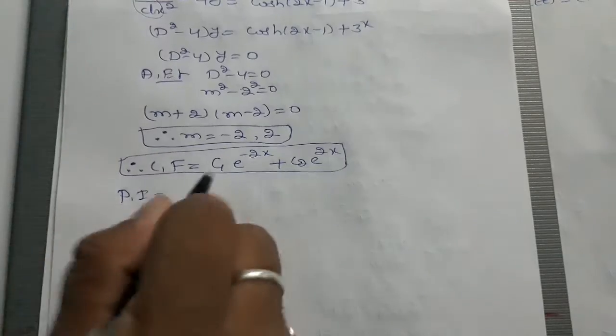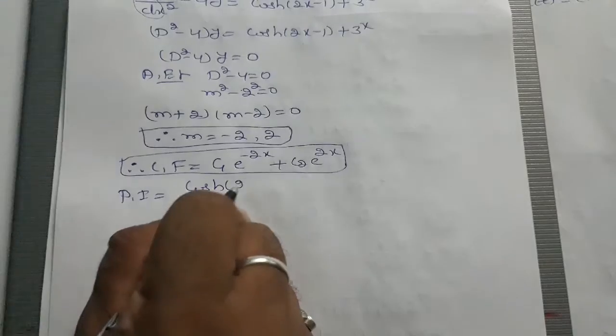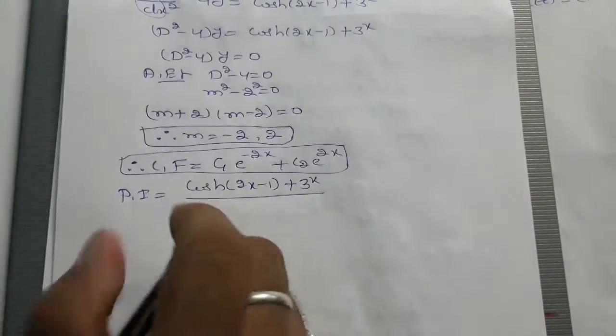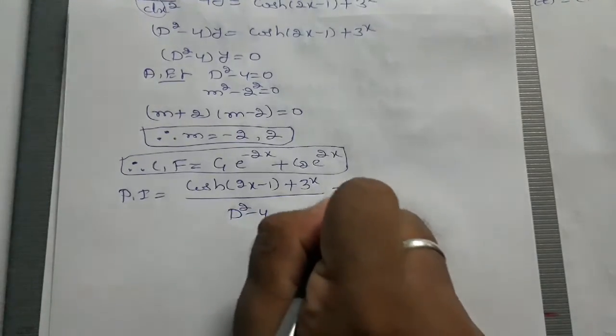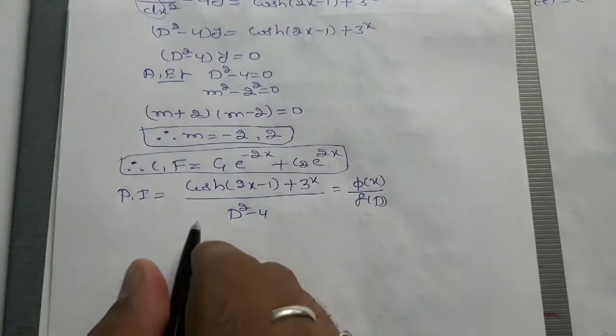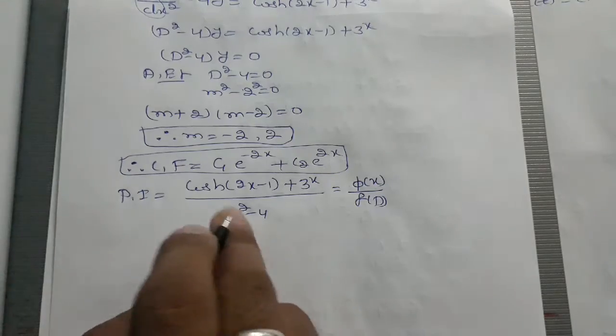PI is equal to cos hyperbolic of 2x minus 1 plus 3 to the power of x divided by f of D, that is D square minus 4. The formula we used in the last one is phi of x by f of D. Phi of x means cos hyperbolic of 2x minus 1 plus 3 to the power of x divided by D square minus 4.